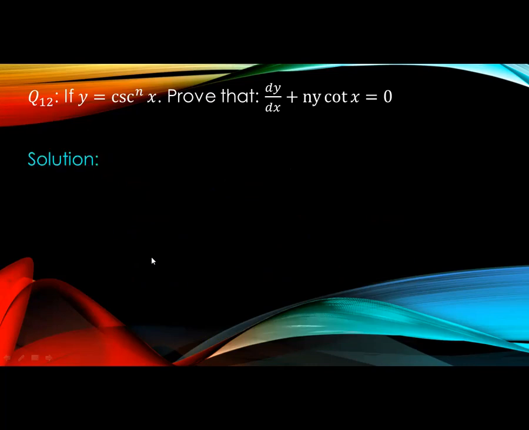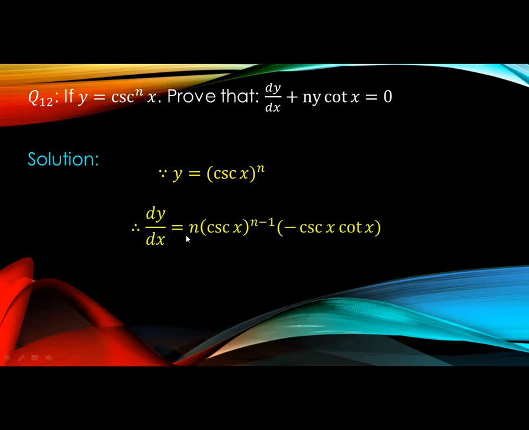Solution. y equals (cosec x) all to the power n. It is a function raised to the power n. So dy by dx equals n times cosec to the power n minus 1 times negative cosec x cotan x. dy by dx equals negative n times cosec to the power n minus 1 times cosec x, which is cosec to the power n times cotan x.